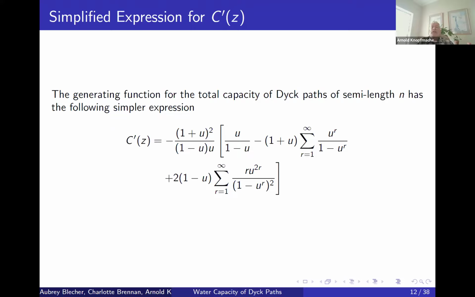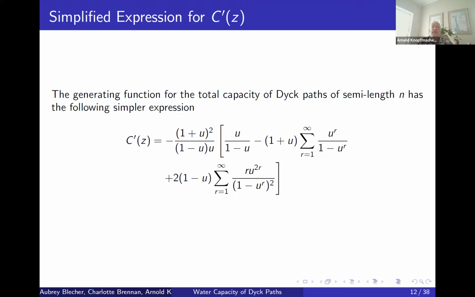What you normally do with a double sum is you reverse the order of the sums. And having reversed the order of the sums, it's often the case that the inner sum either simplifies nicely or telescopes. And after doing that, one can end up with a single sum. So this is a much nicer formula for the total water capacity in terms of the U variable.